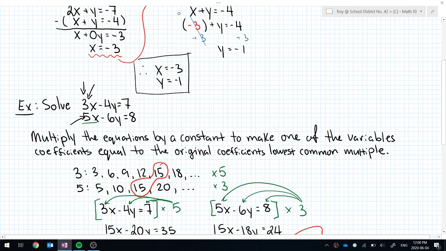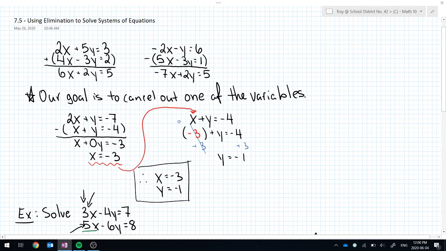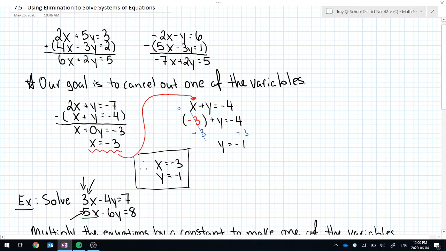Hello everybody. So today we're going to take a look at finishing up the section on the elimination method to solve systems. If you remember what we took a look at last week, we could add and subtract equations just like we can add or subtract numbers.